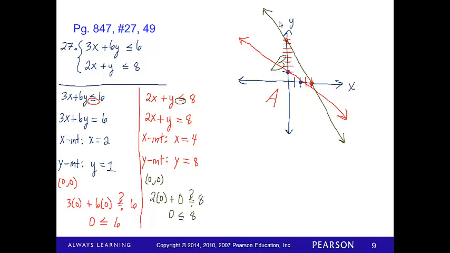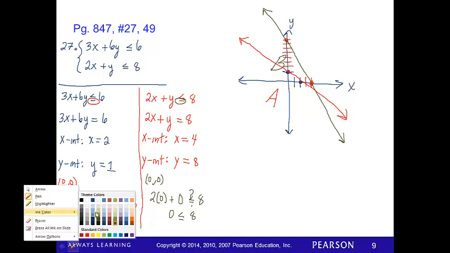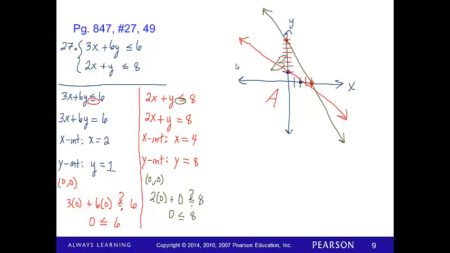Everything below this green line, or where big B is. Okay, big B is all of this. Now, the last thing we need to do is figure out where these 2 regions overlap. Well, A is everything below this red line, and B is everything below the green line. Where do they intersect at?